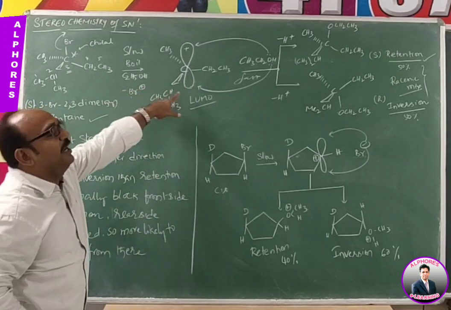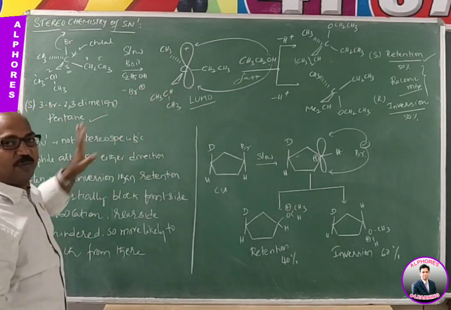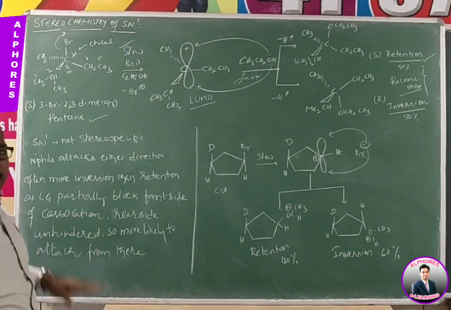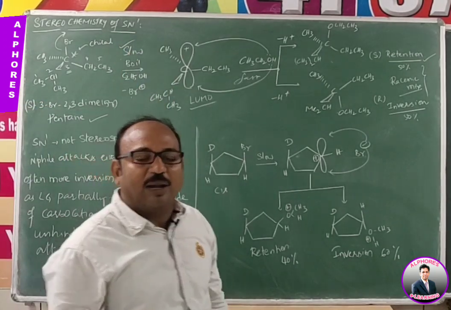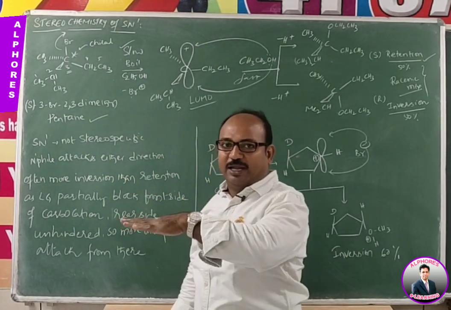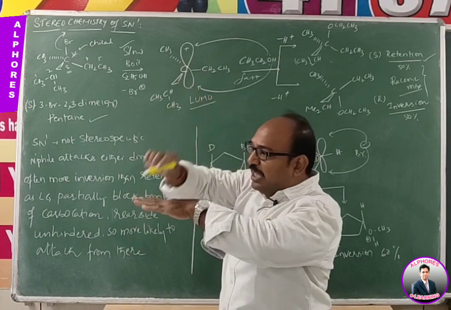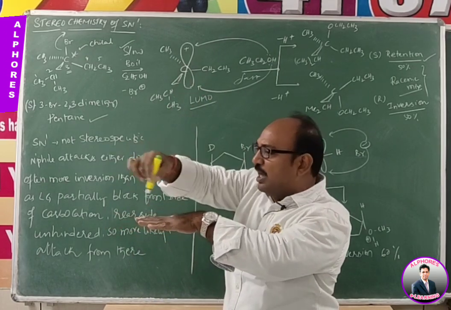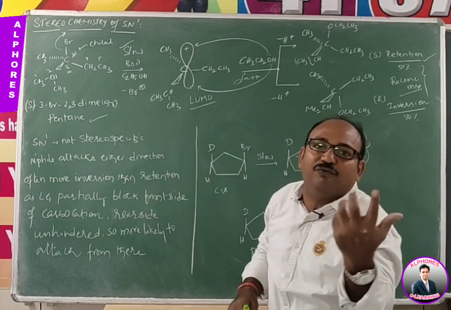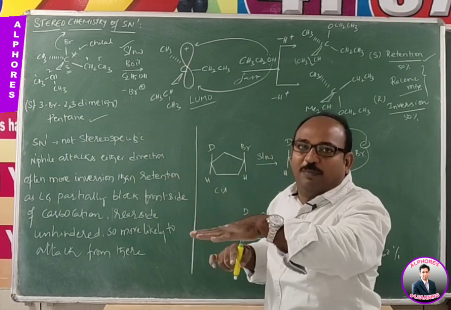This carbocation intermediate formation is the rate determining step, the slow step. The formed carbocation has a trigonal planar geometry. In this geometry, all three groups, methyl, ethyl and isopropyl, are in one plane, just like the wings of a fan.